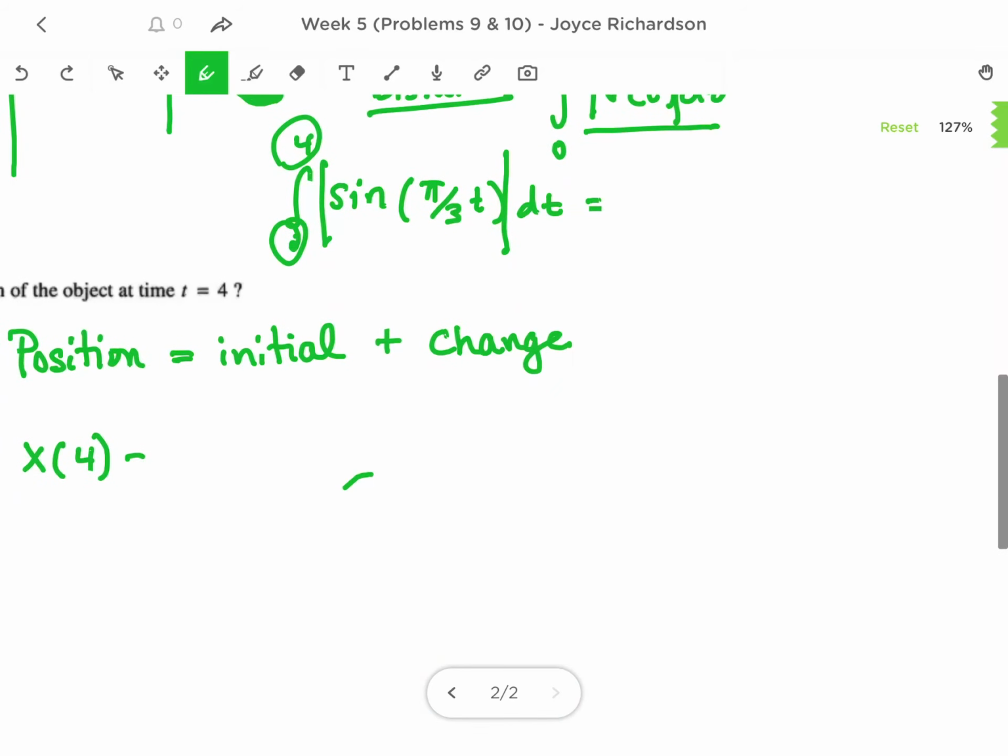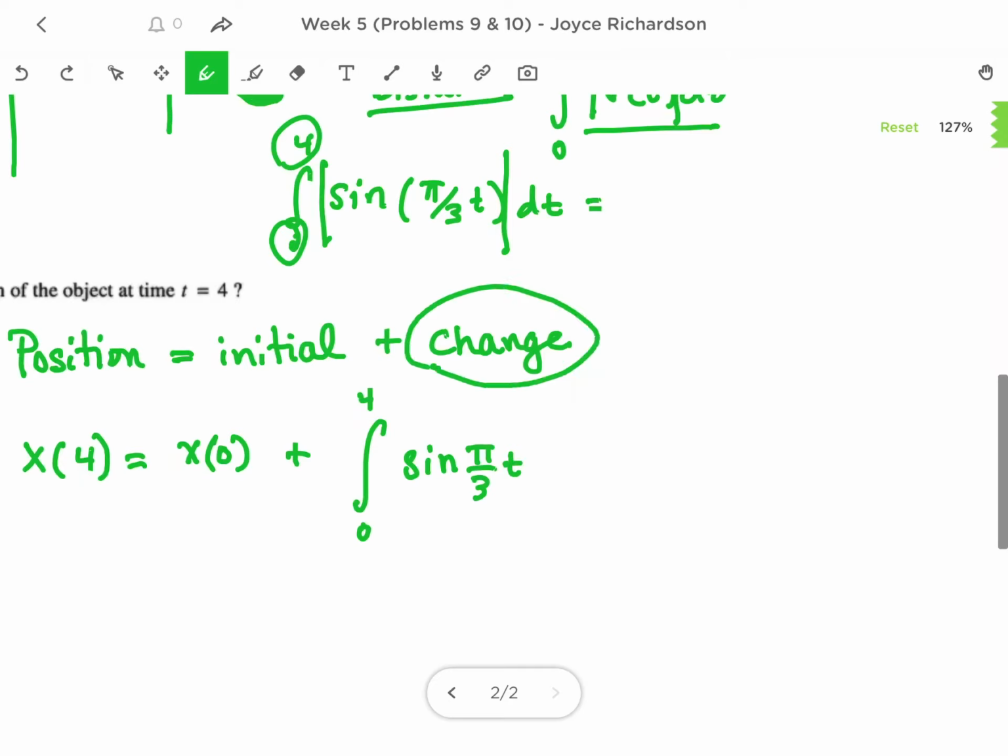So if I want to know what my position is at 4, my initial is x of 0 plus the change. What's the change? The change is that overall integral from 0 to 4 of sine of pi over 3t. But now I don't need absolute value because I want to know what the change is, the displacement. And again, don't do this by hand unless it says no calculator.